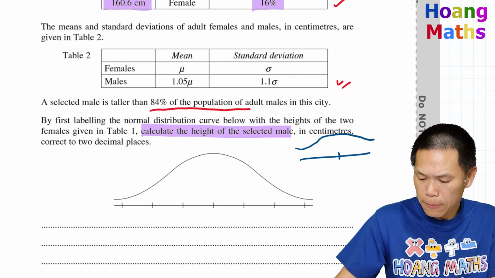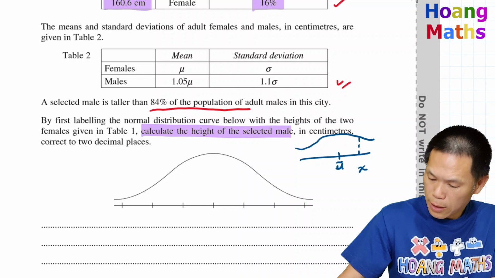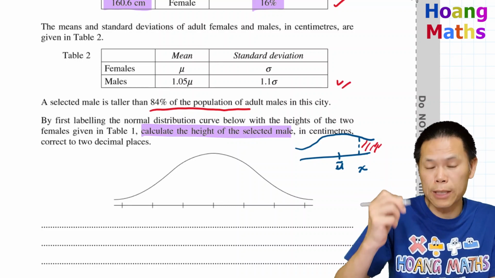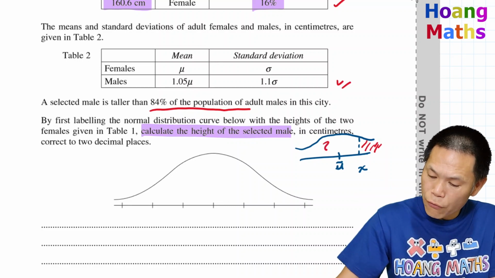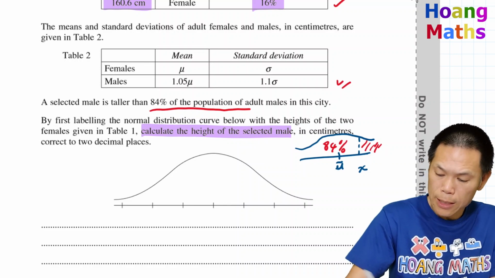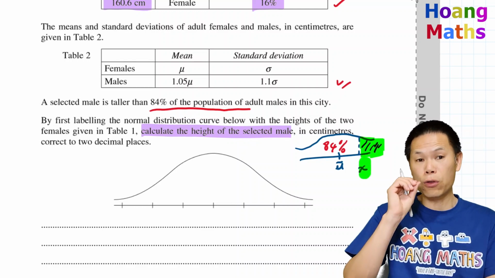So this is the mean, and we need to find the x value. So the x value is above this, okay? So keep that in mind. And this altogether is 100%, don't forget. And it's 84% of the population. So the male is above 84% of the population. So we need to find the value of this for males.